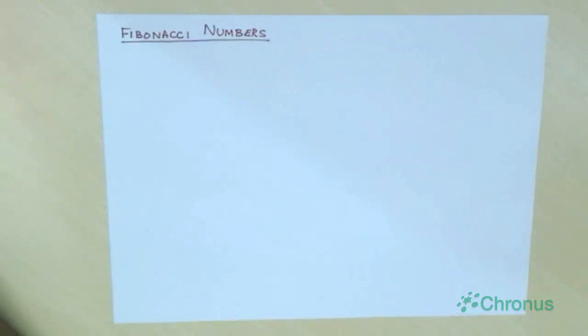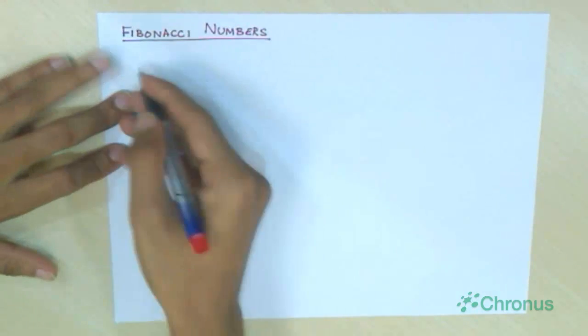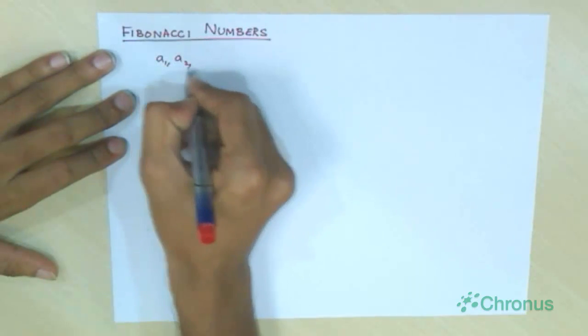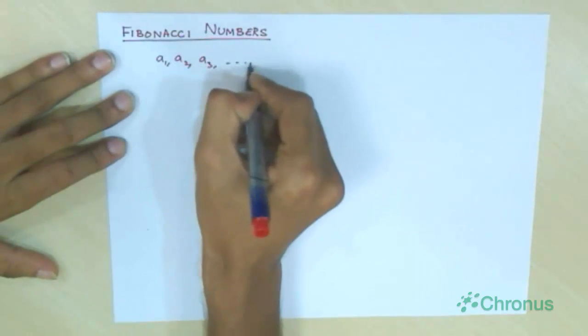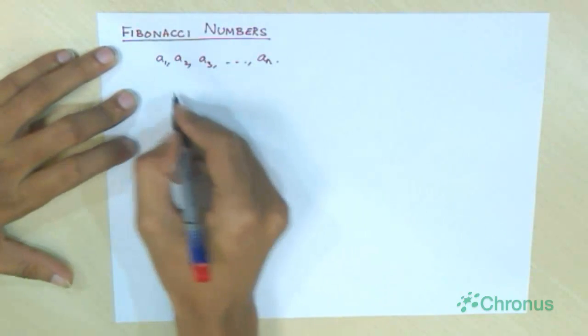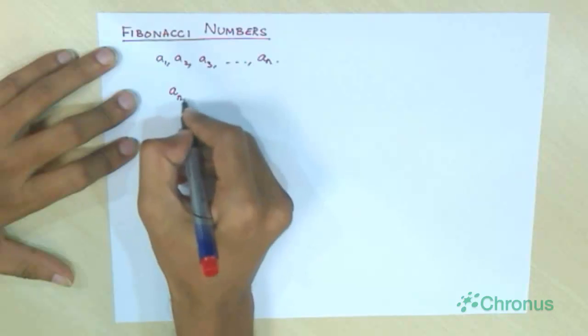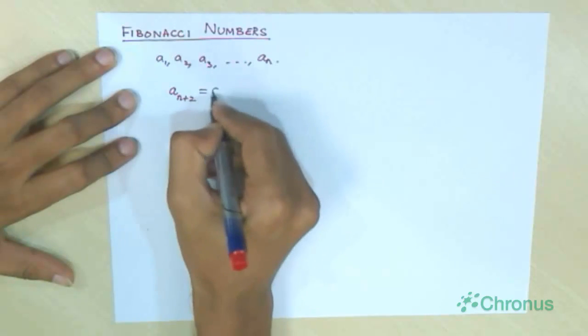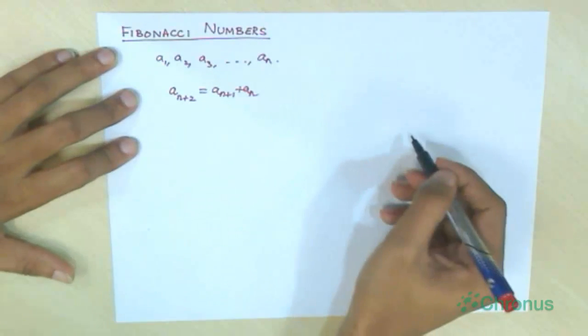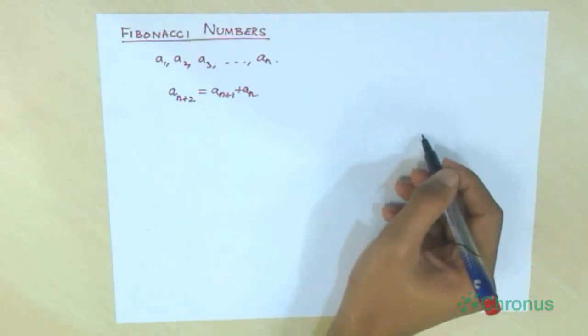Next we'll discuss Fibonacci numbers. So this is actually a sequence. Let us say we have a sequence of numbers A1, A2, A3, so on, An. And this sequence is said to be a Fibonacci sequence if we have a recursive formula like this: the n plus 2th term is the sum of the nth term and the n plus 1th term.